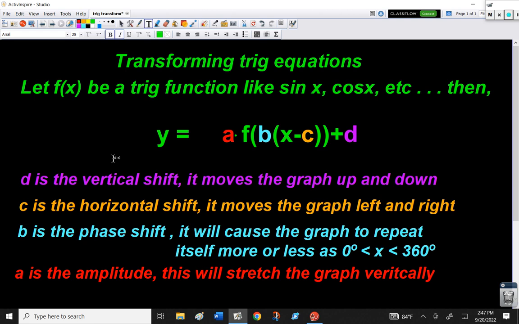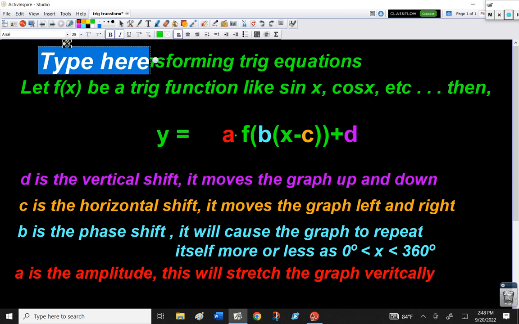They're all necessary. I will explain to you what each of them do, and then I'm going to show you graphically what each of these do. For instance, D. D is the vertical shift. It moves the graph up and down. And by the way, please put this on page 23, and go ahead and title it Transforming Trig Equations.